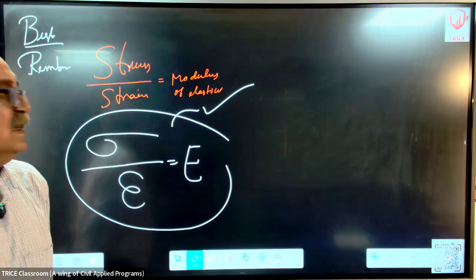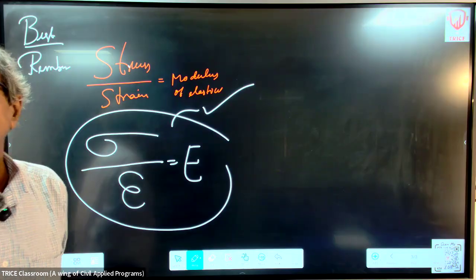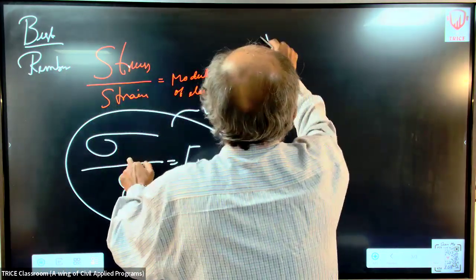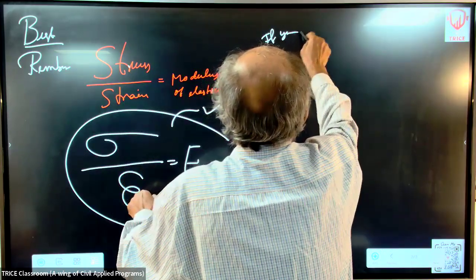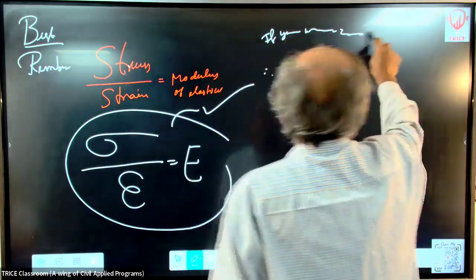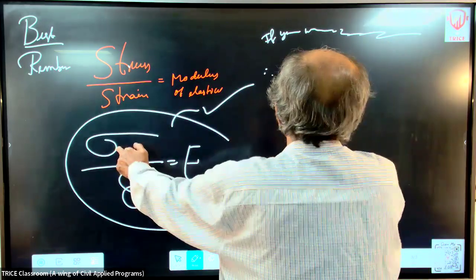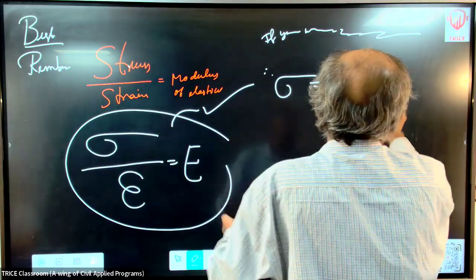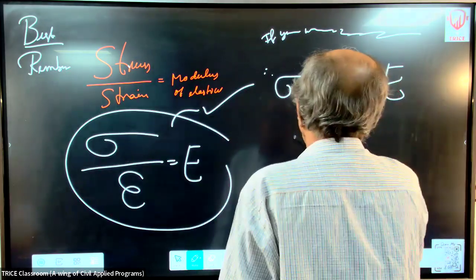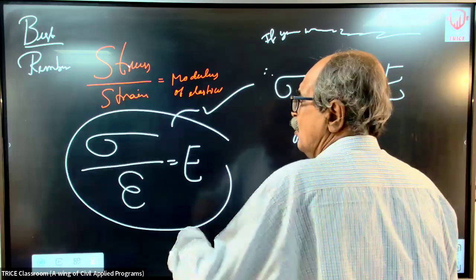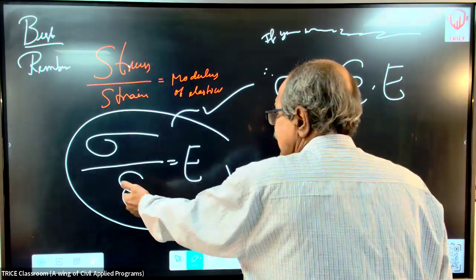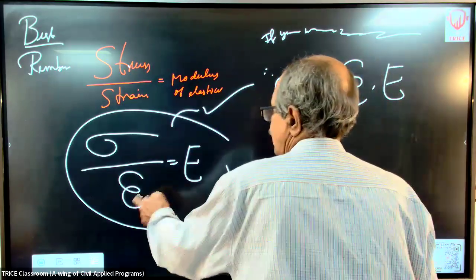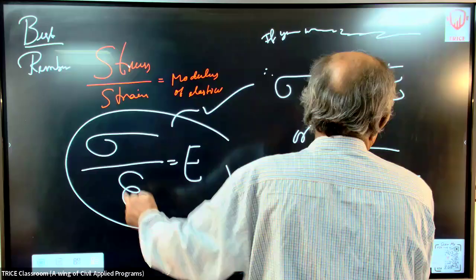Now somebody will ask, no, I want stress equal to. You tell, oh, no problem. Strain into Young's modulus. Or if somebody wants, no, I want strain. Okay, strain, go that side. Come here. Strain equal to stress divided by Young's modulus.